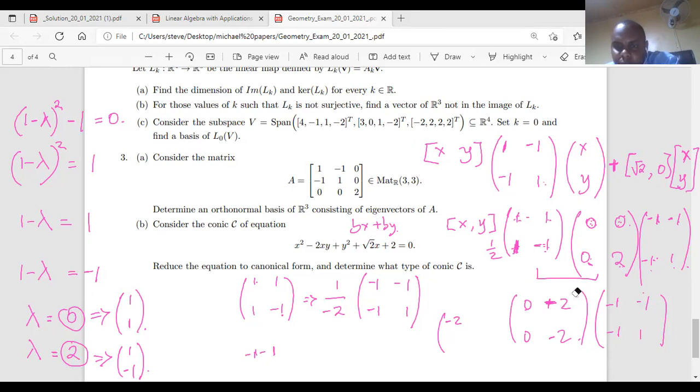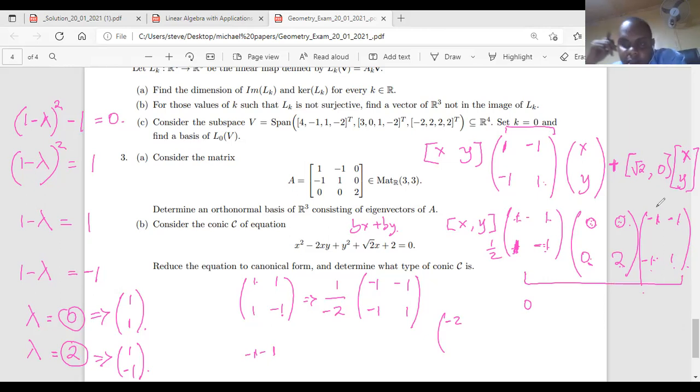Correct. But we want the diagonalized form of A. So the diagonalized form of A is this one, and it's the one we are checking whether it's working.